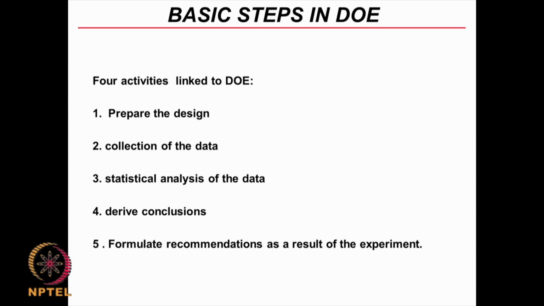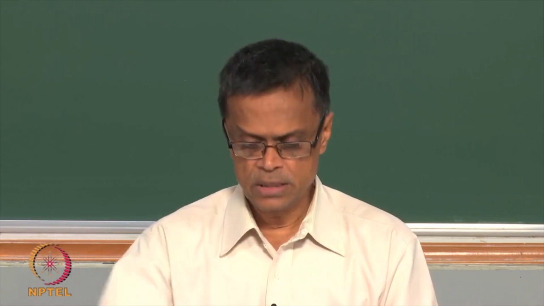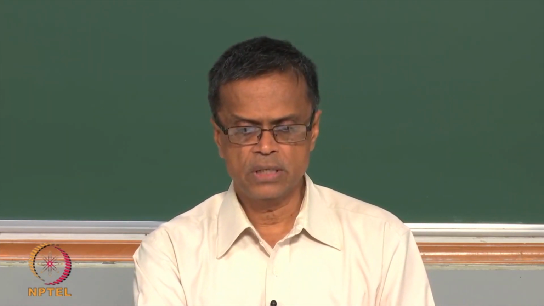Then we develop a mathematical relation between various input parameters and the output parameter, and then we formulate recommendations because of all these. So, we decide that temperature should be only between 35 and 37, pH should be always acidic. These types of recommendations we make based on our design study actually. Okay, these are the basic steps in design of experiments.